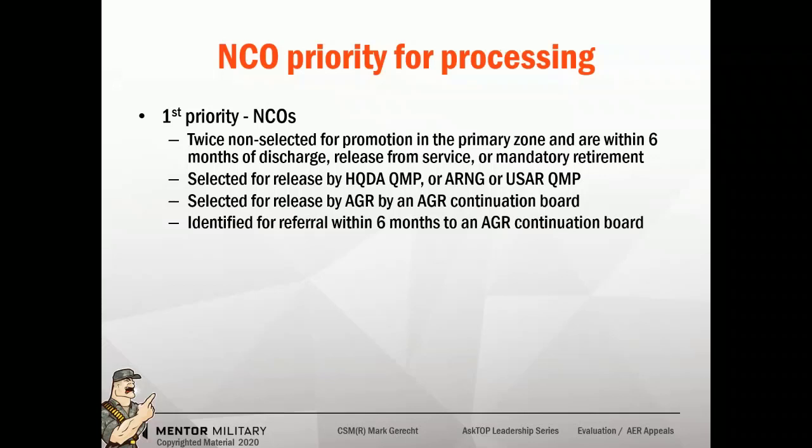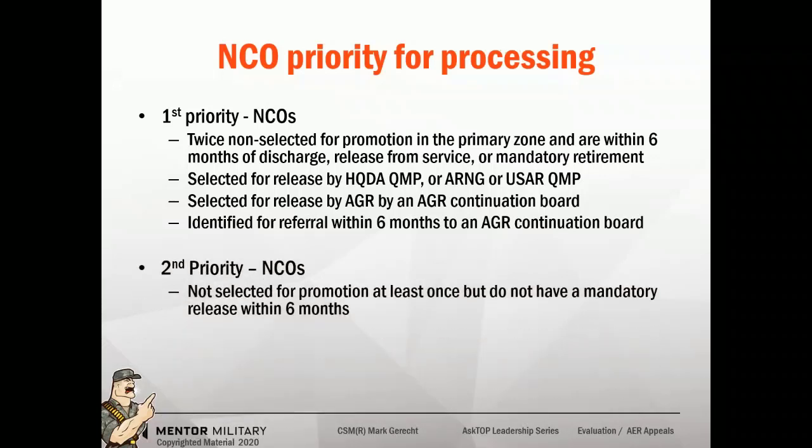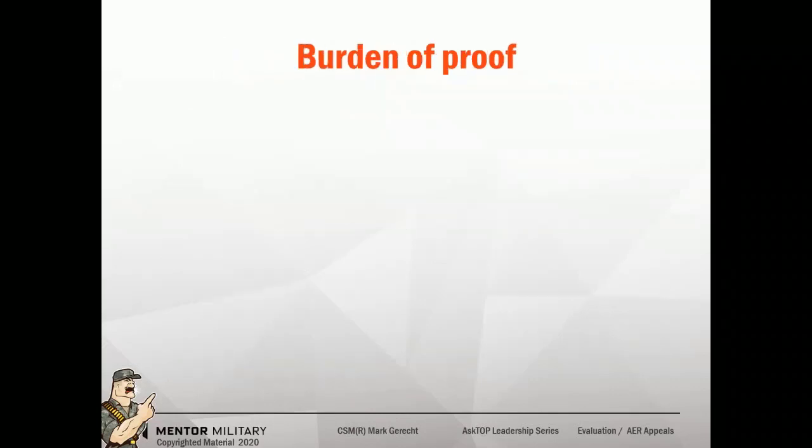Selected for release by Headquarters DA QMP or Army National Guard or U.S. Army Reserve QMP, selected for release by an AGR continuation board, identified for referral within 6 months to an AGR continuation board. Priority 2, not selected for promotion at least once, but do not have a mandatory release within 6 months. And priority 3, any appeal not eligible for a higher priority.